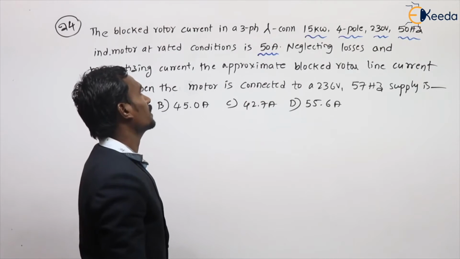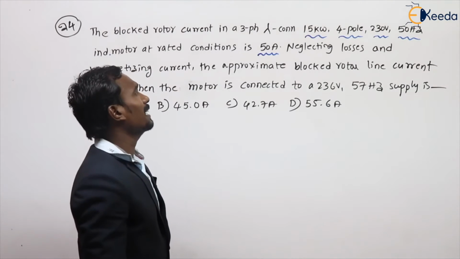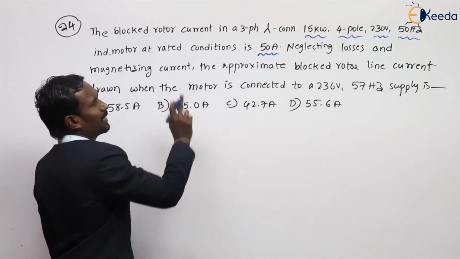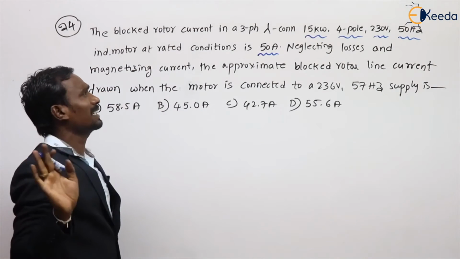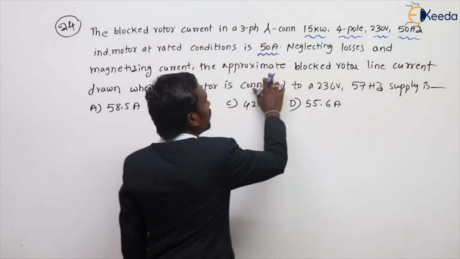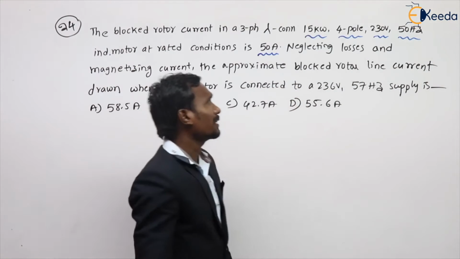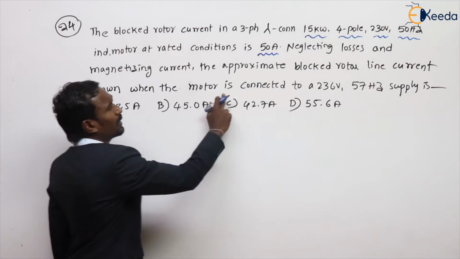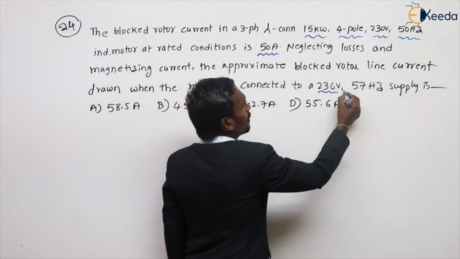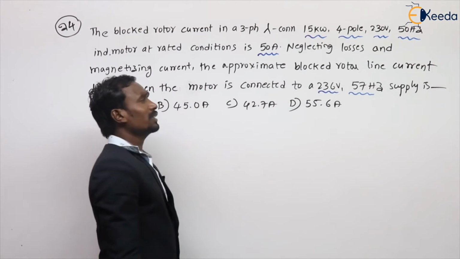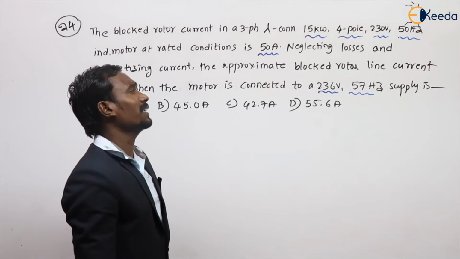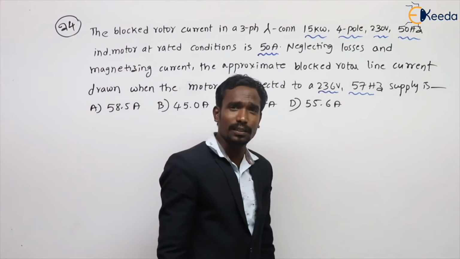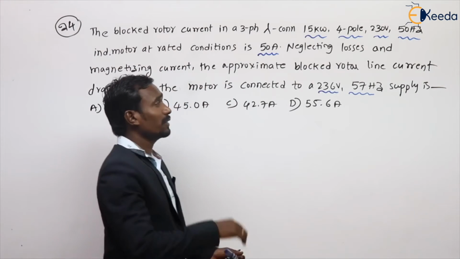Neglecting losses and magnetizing current, the approximate blocked rotor line current drawn when the motor is connected to a 236 volts, 57 Hz supply is?